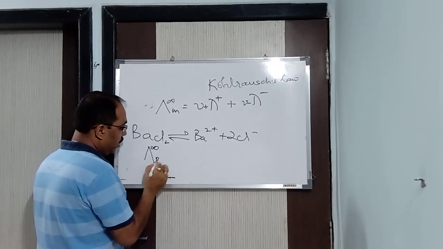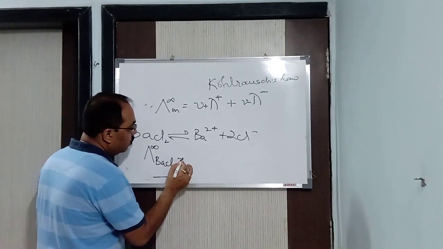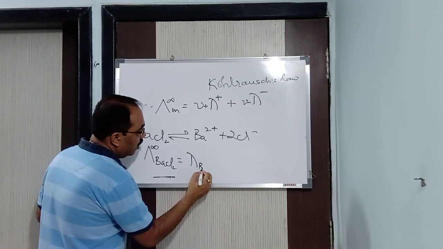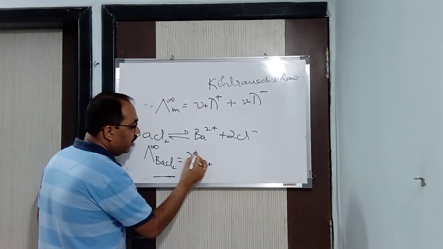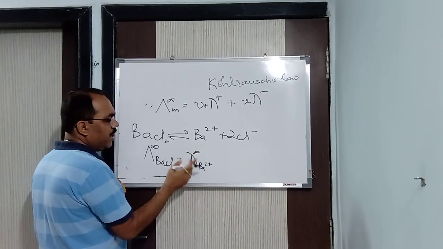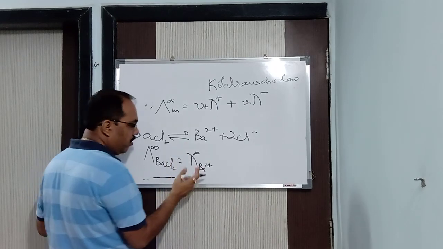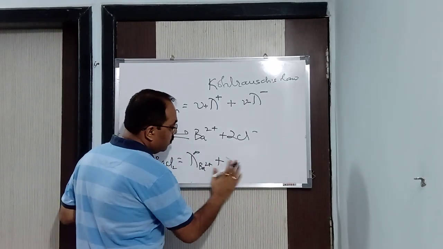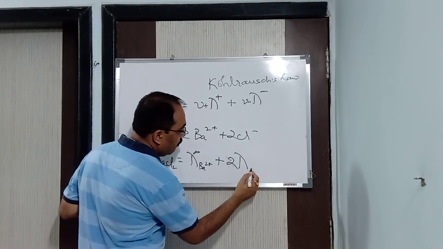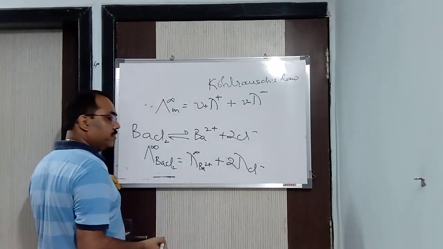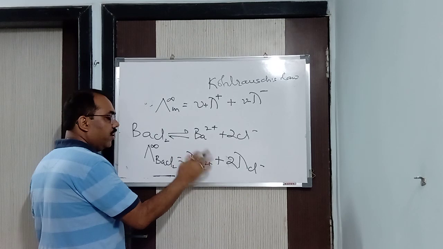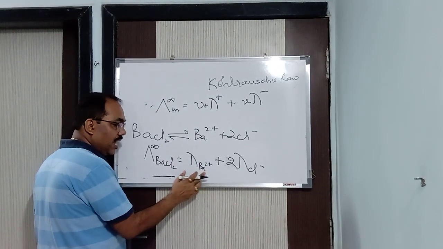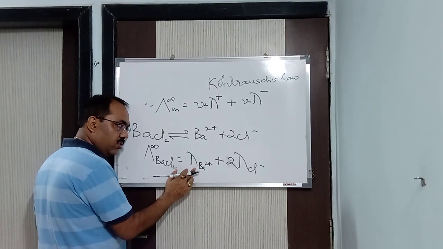So if I need to write the molar conductivity at infinite dilution for barium chloride, how should I write? Lambda infinity of BaCl2 is equal to lambda infinity of Ba2+ plus 2 into lambda infinity of Cl-. The ionic conductance of the cation and of the anion will be given to you in the question.